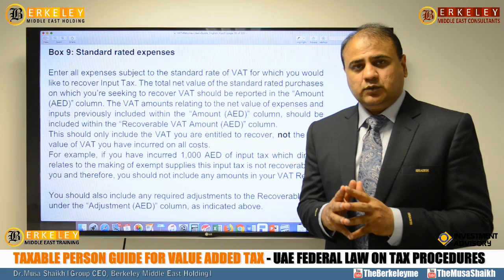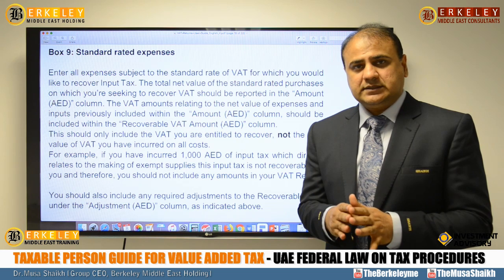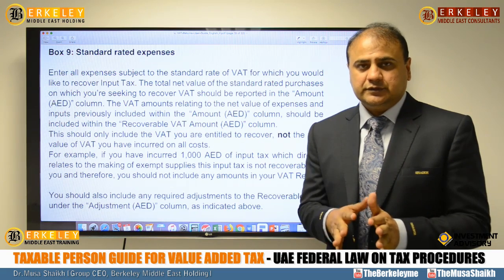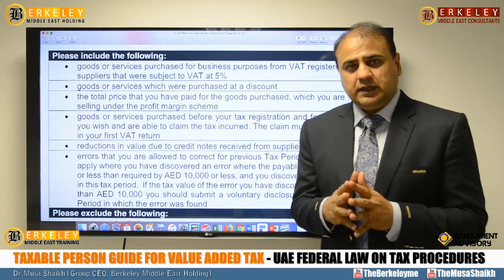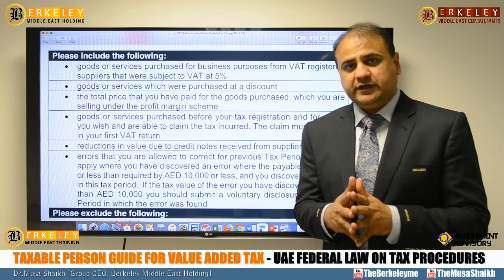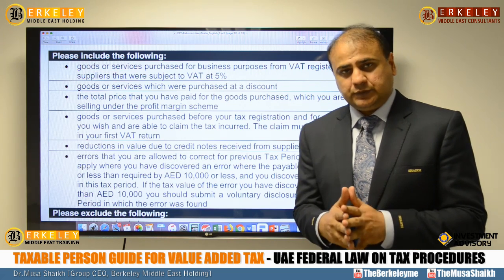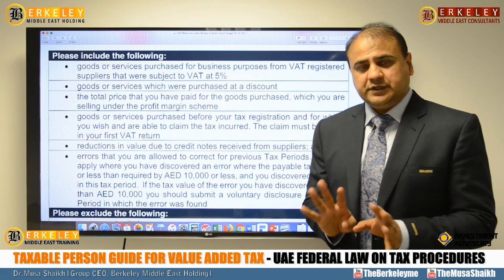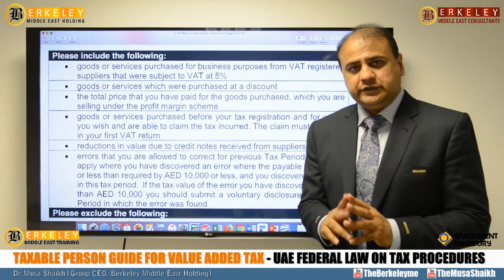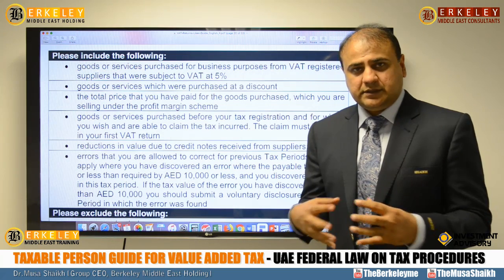So now I will tell you what you should include as a claim for recovery and what you should not. So let's move forward. Anything you bought for business purposes and you paid 5% on it, you should include. Goods and services which you purchase on discounts, the total price that you have paid for, which you are selling under a profit margin scheme.